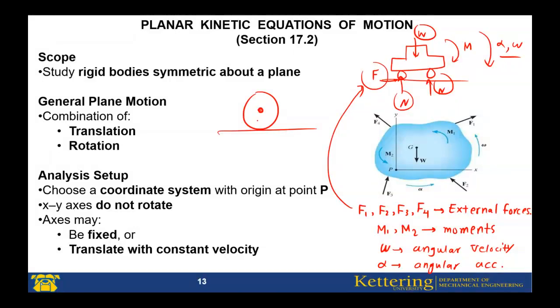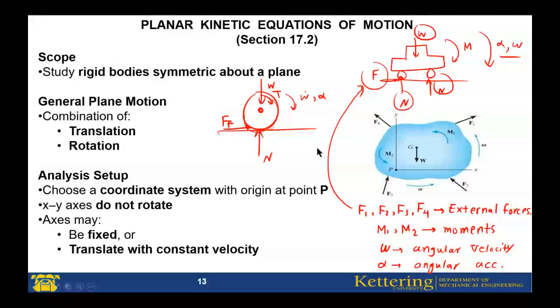They test tires by applying a torque to the tire so that it rotates with angular acceleration alpha and velocity omega, while the normal force, the weight, and the frictional force are applied to the tire. This is one example where we have external forces, a moment, alpha, and omega. This is a general one.